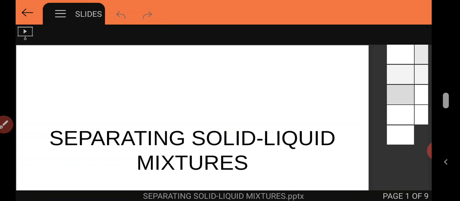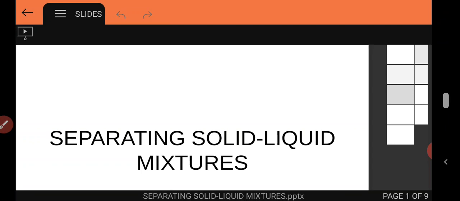Sometimes there comes a situation where we have to use different processes together. For example, for a mixture of sand and water, we use not only the sedimentation process, but we also use the decantation process. Together with decantation and sedimentation, we also use filtration, evaporation, or even distillation.